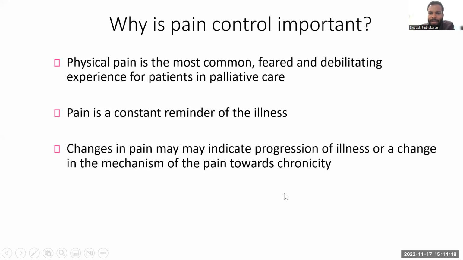Changes in the pain may indicate progression of the illness or a change in the mechanism of pain. Sometimes the pain is acute. Acute means it has just been a small amount of time since it started. And sometimes, if the pain is not handled on time, it may become chronic pain. A pain which was there only at the tip of the little finger may spread towards the whole upper limb.